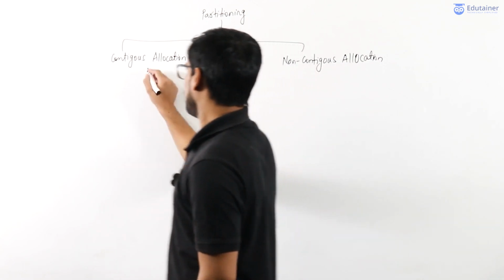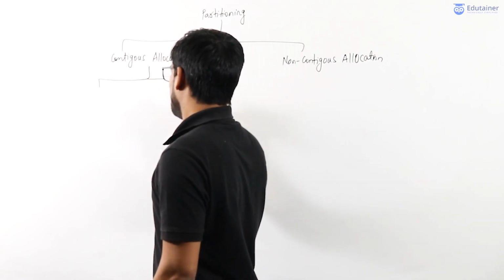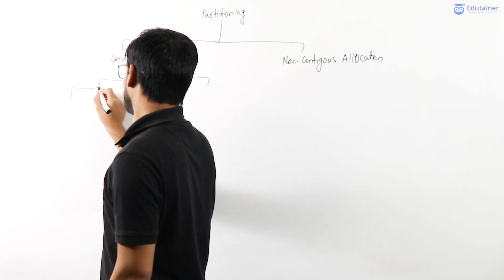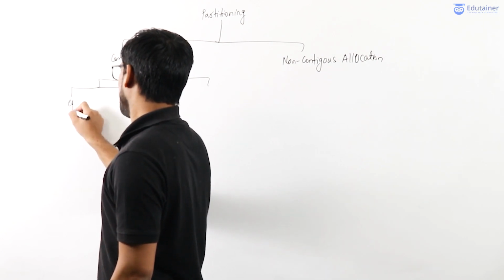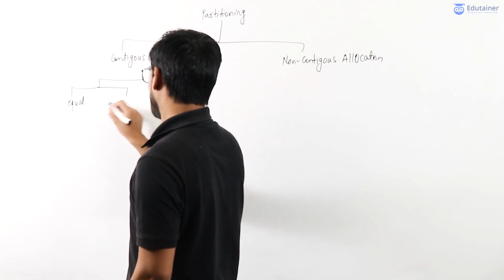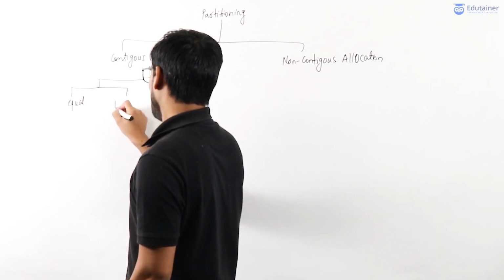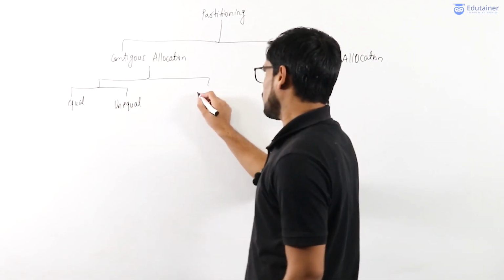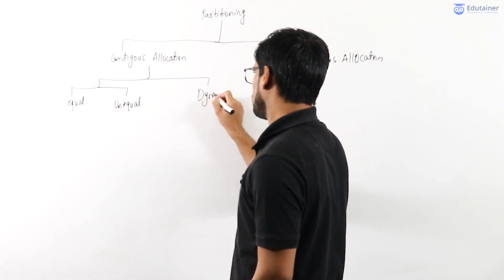Now in contiguous allocation, it is divided into three categories. One is fixed partitioning, and in fixed partitioning there are two types of partition. One is equal and the other one is unequal, and the other one is dynamic partitioning.